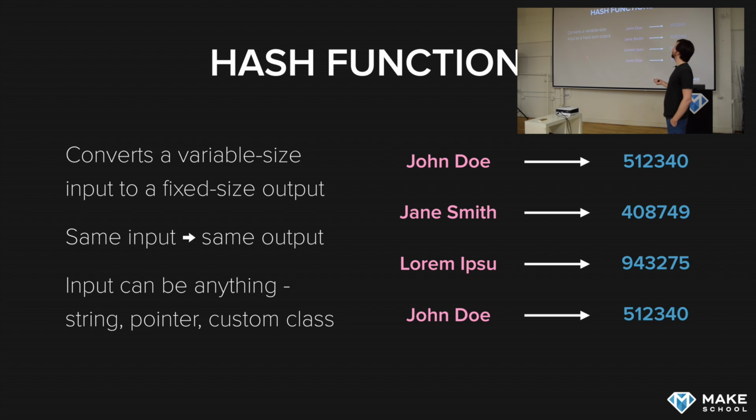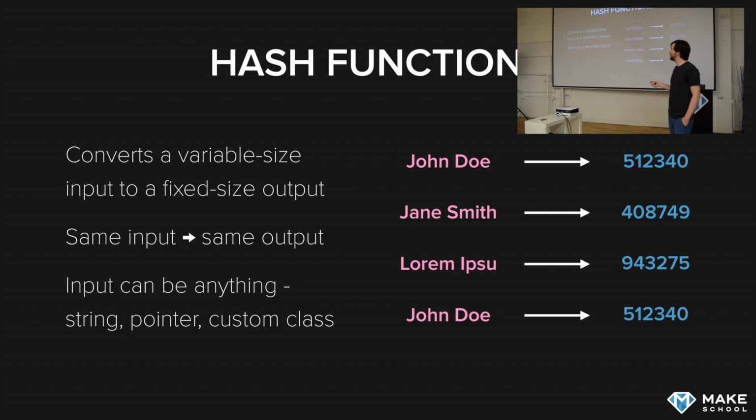A hash function will convert that input to a fixed size output. So in this example, John Doe gets converted into this number 512,340. Jane Smith, 408,749. Basically, it takes an infinite range of input and converts it to a fixed range of output, which is a super important property.